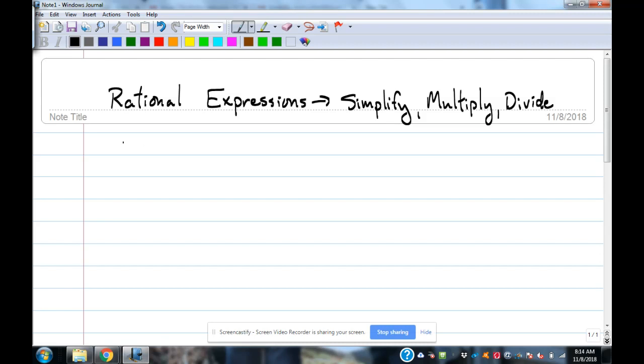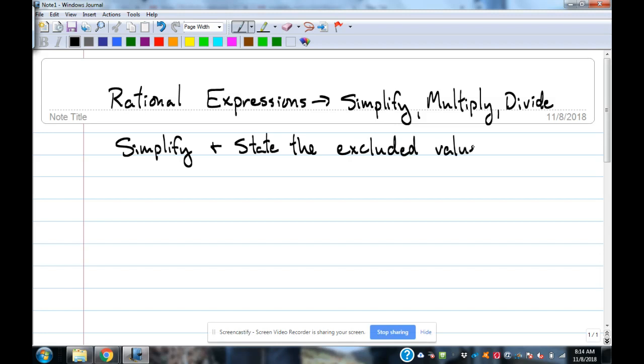So we're going to first simplify and state these things called excluded values. Excluded values, and a pretty easy thing.